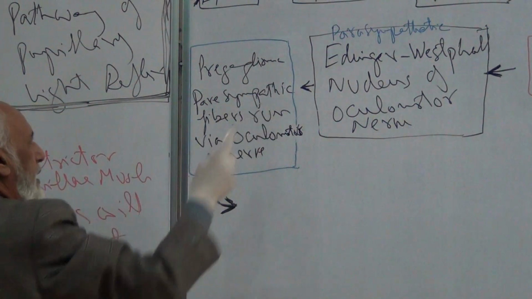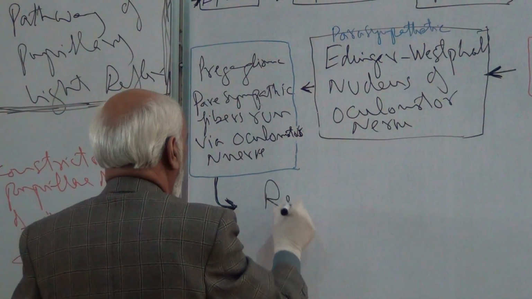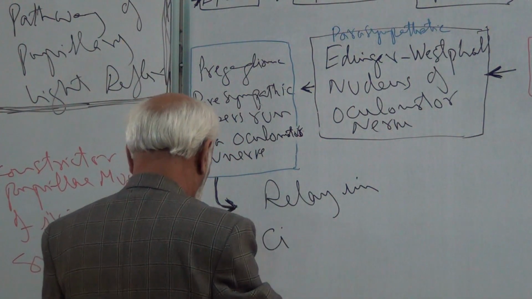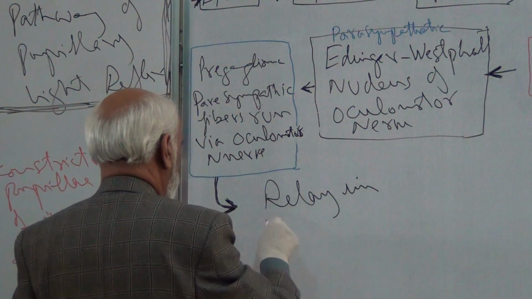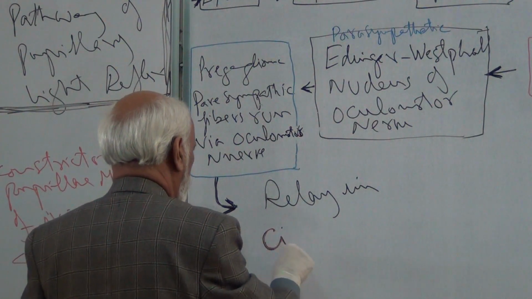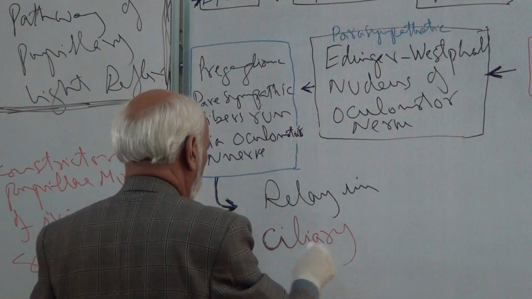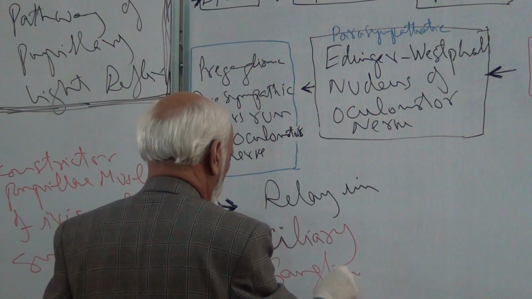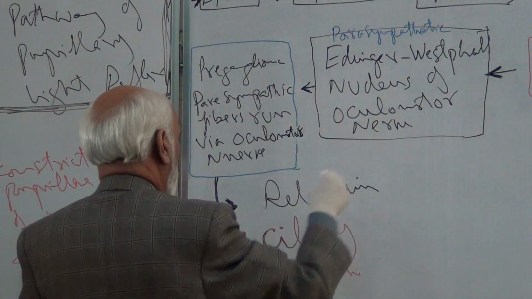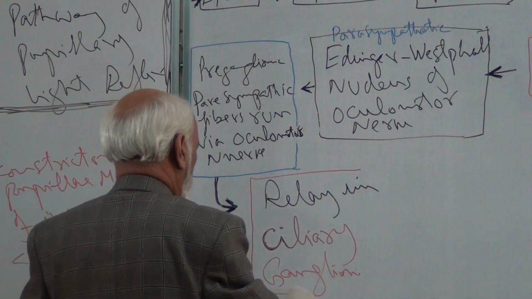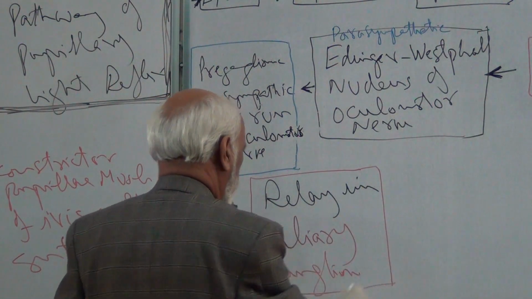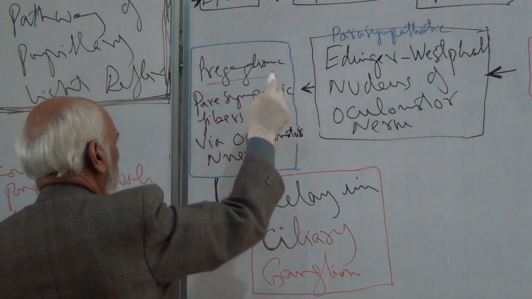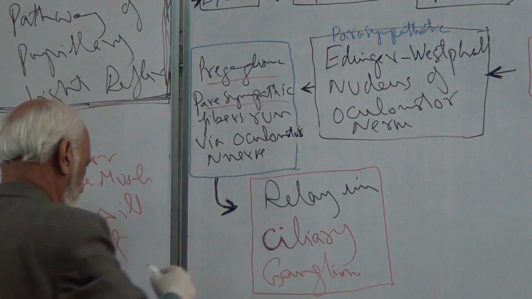The preganglionic parasympathetic fibers relay in the ciliary ganglion, which is located in the orbit. Because these fibers are before relay in the ciliary ganglion, they are known as preganglionic parasympathetic fibers.